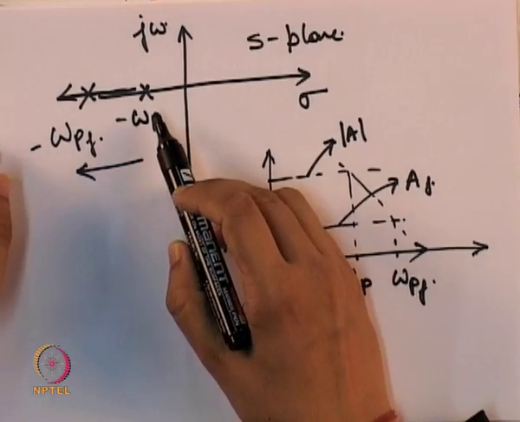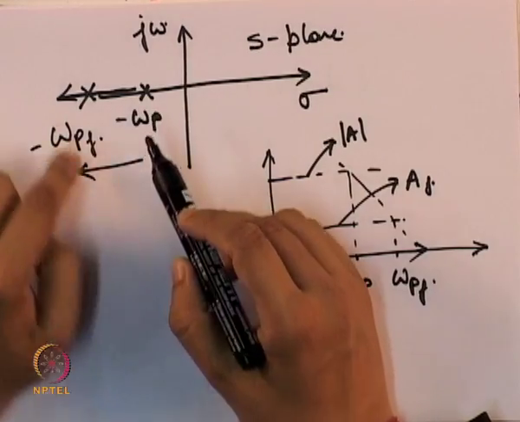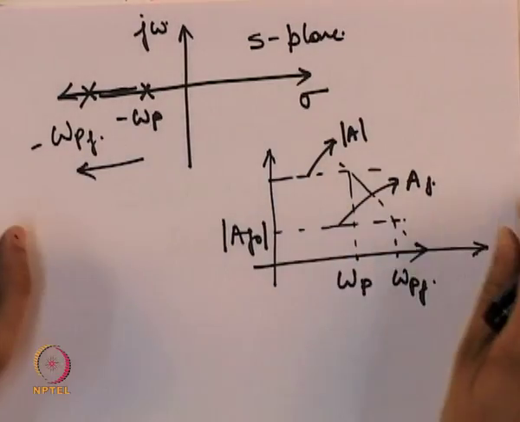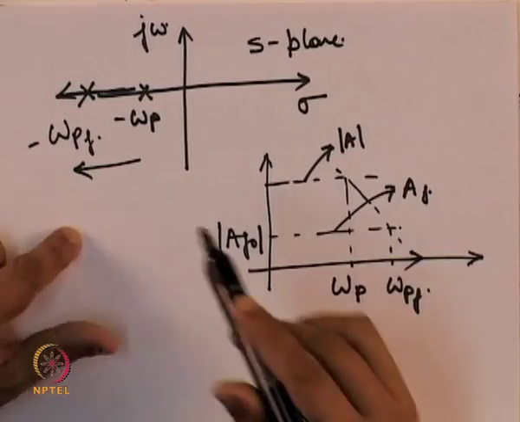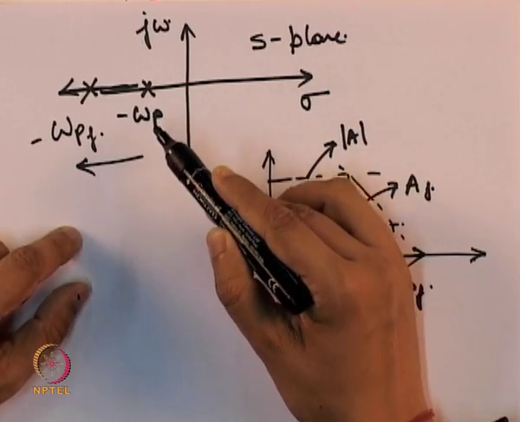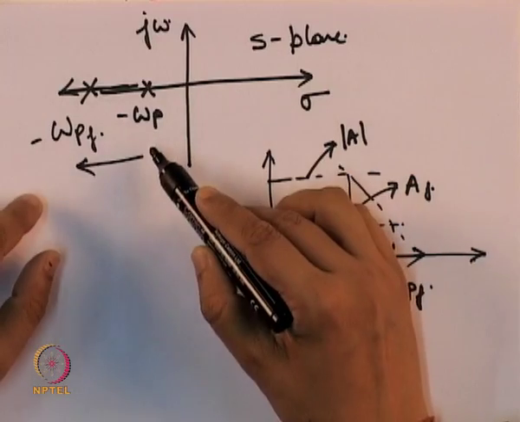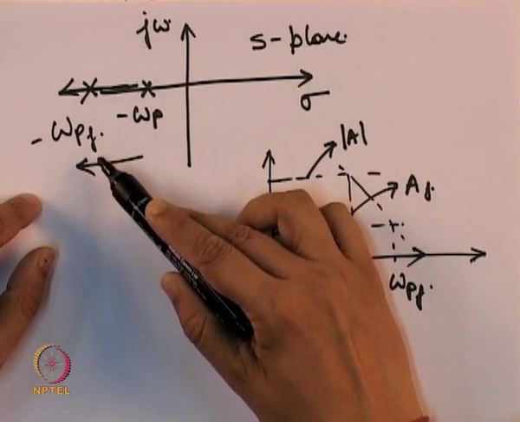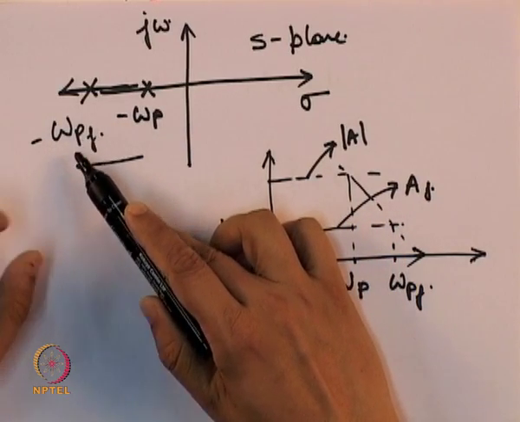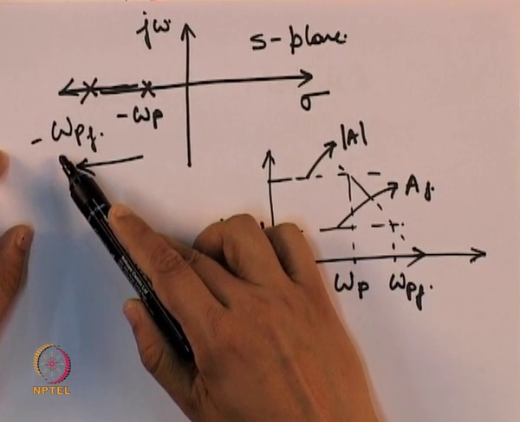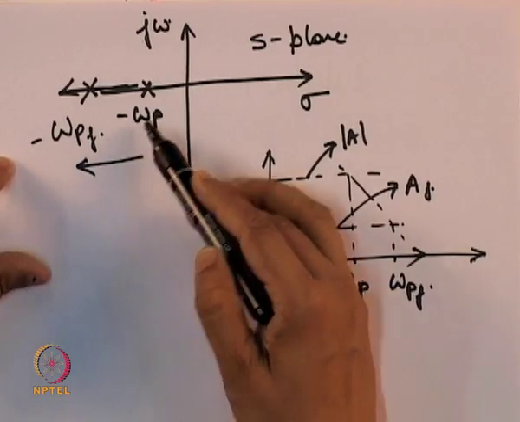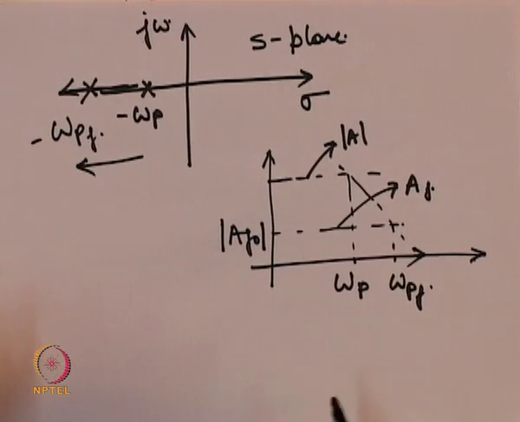That on application of feedback, the pole can shift only in the negative sigma direction. So, for a system with a single pole, under no circumstances can the system become unstable after applying feedback, because even after feedback the pole is still lying on the left half of the S plane. Not only is it lying on the left half of the S plane, it is further away from the j omega axis.